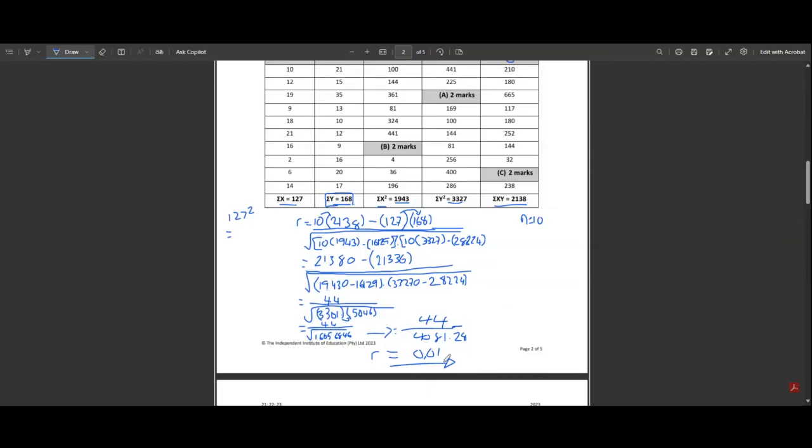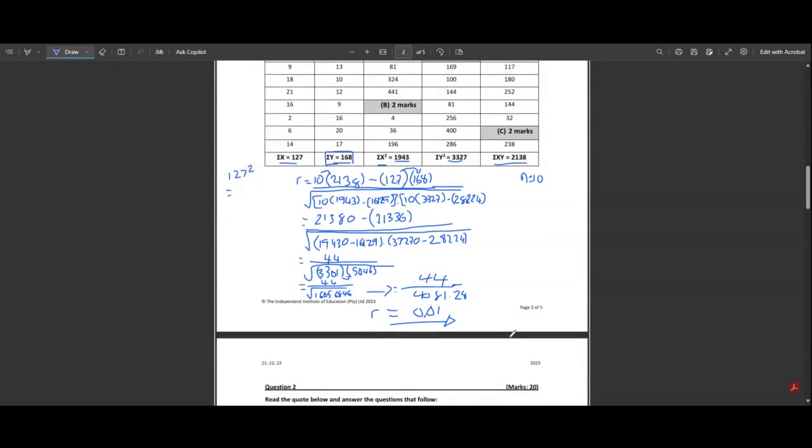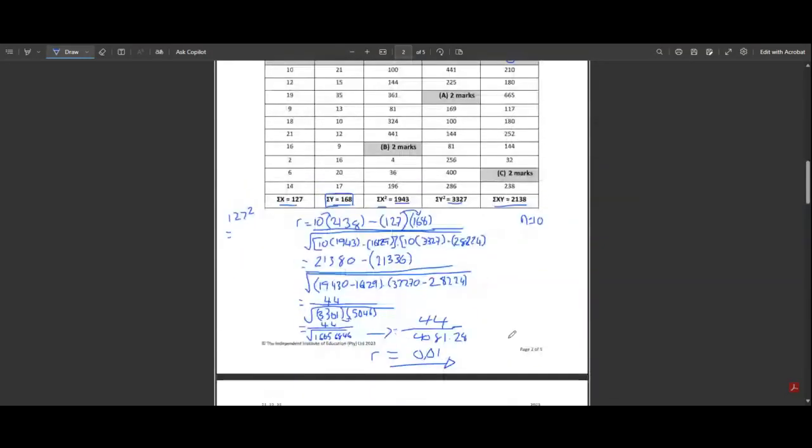Okay, because it's 0.1. If it was 0.1, it's still weak, but stronger than this, which is literally as weak as it gets, kind of. Okay. But yes, positive. So if you had a scatter plot, the dots would be far apart with this kind of thing, but they'd be going in that direction.